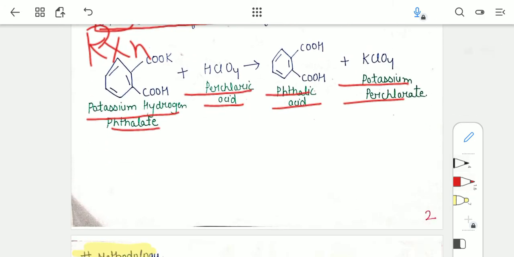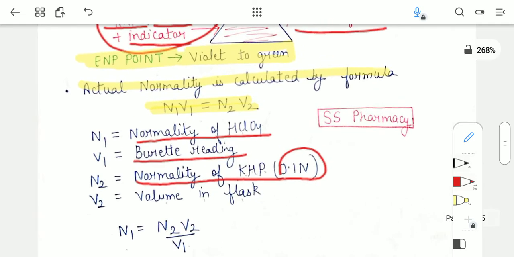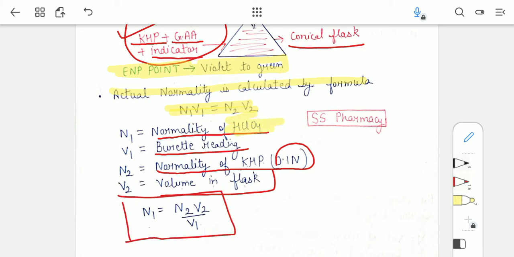It was already standardized, so that is why we know its strength, which is 0.1, and V2 is the volume in the flask. By performing these calculations we can finally calculate N1, the normality of our perchloric acid. After knowing the value of N1, we will say that our solution has been standardized.